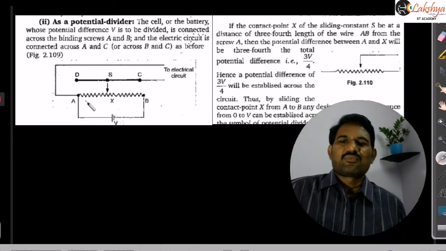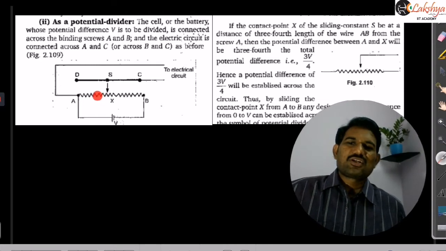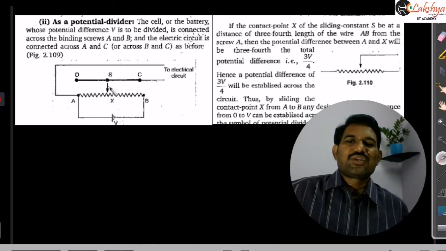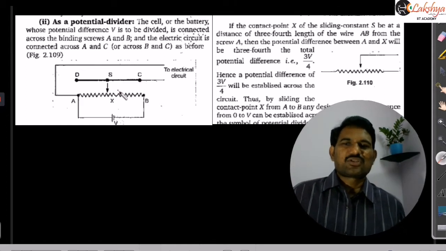Now if you are connecting this circuit again, the remaining circuit connections are given from A and the other connection is given here. Then the potential difference in that circuit is nothing but only this potential difference acting in that circuit. If you want to increase or decrease the potential difference, we can do some changes. By sliding this contact, we can adjust this potential difference, right?